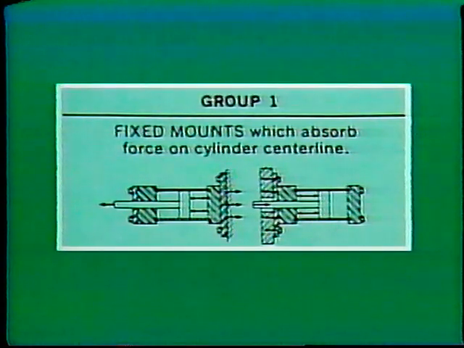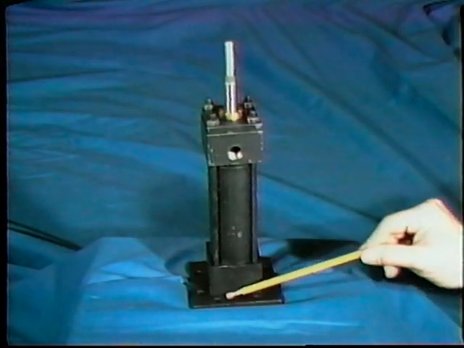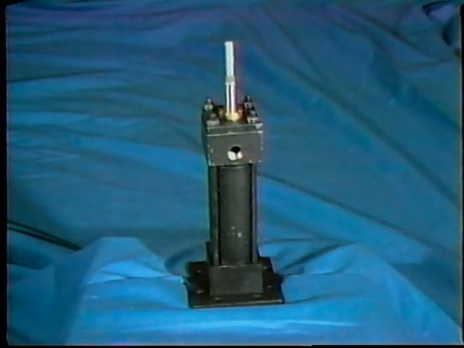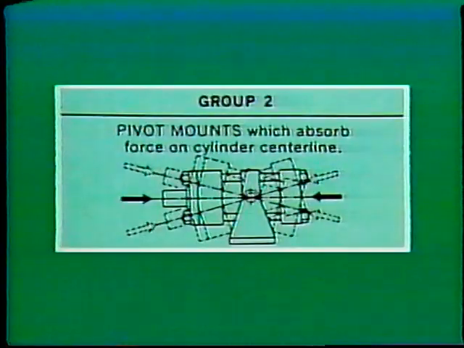As you see here, Group 1 contains fixed mounts, which absorb force on the cylinder center line, like this cylinder, which has a square flange mounting on the cap end. Group 2 contains pivot mounts, which also absorb force on the cylinder center line.